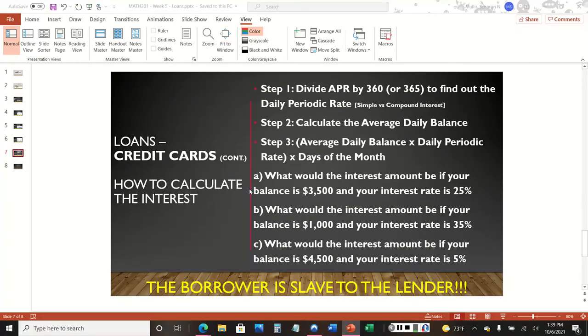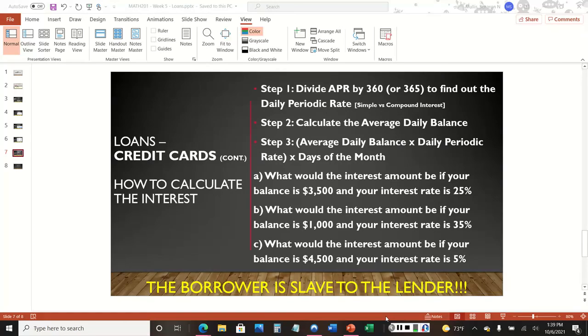And remember that compound interest, it's the eighth wonder of the world, and it's a good thing when you're making money, but when you have to pay that money back, not so good. So let's talk about the three steps in calculating credit card interest. The first step is you divide your APR by 360, or some companies use 365, to find out the daily periodic rate. Again, we talked about simple versus compound interest.